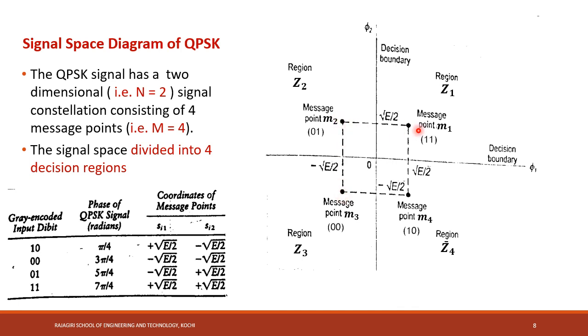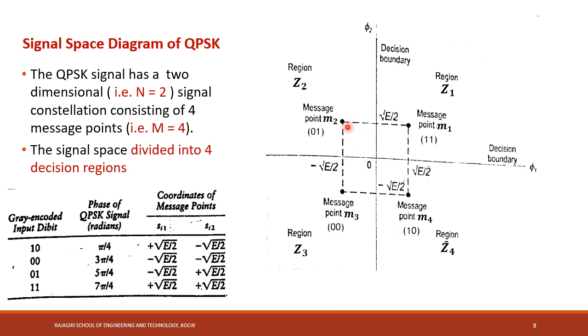Once you find the signal space diagram, the next step is to divide it into a number of decision regions. Based on the number of transmitted symbols, I will divide it into M decision regions. Since M is equal to 4, I have to divide the signal space into four regions.